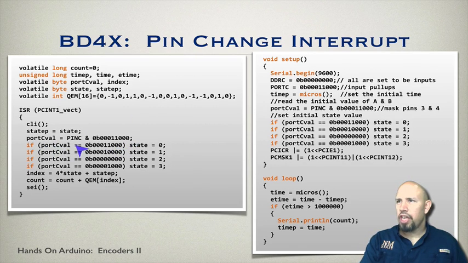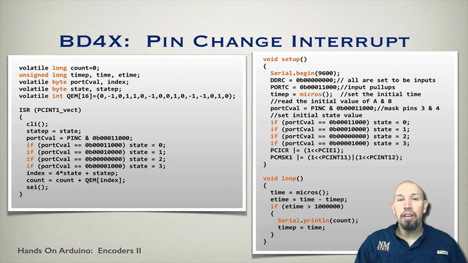Then I'm going to go through and check each condition. Depending on which bits are set, that will tell me what state we are in. I call this pin position, because the mask that you use is based on the location of the pins. In this case, we're actually using analog pins 3 and 4 on port C. These are the different possible combinations that we can get, and each is assigned a state value.